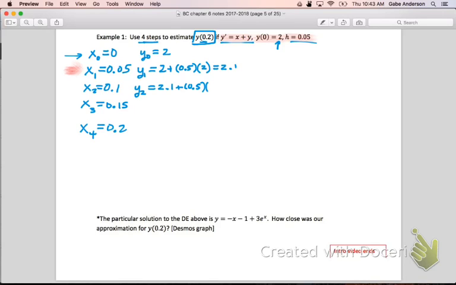So based on the previous y and x coordinates, it's going to be 2.15. Again, that's y equals y-coordinate plus step size times slope, so kind of a b plus mx concept there. You multiply and add, and you end up with 2.2075.